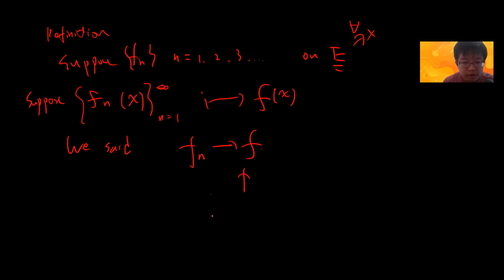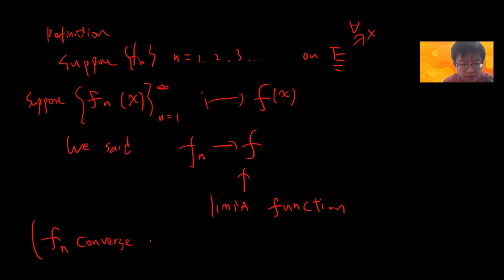This is called a limit function. Sometimes we say that f_n converges pointwise on E, since for each point it converges.